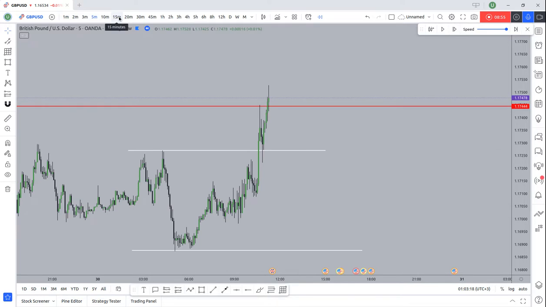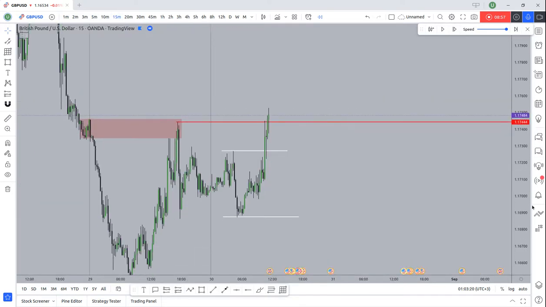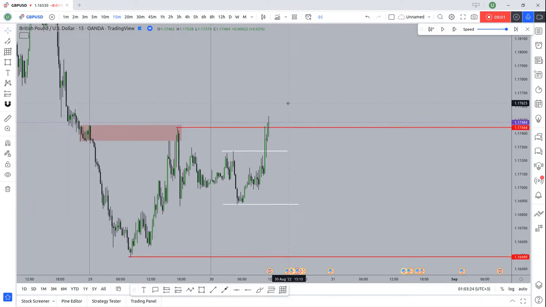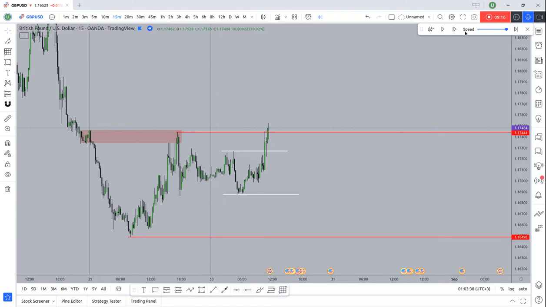Anyways, let me show you how I was able to execute this trade. I'm not going to make a review on EU, because once you see how I was able to execute this trade, it's the same way, because these two move in a similar manner. So I'm still waiting. I don't chase price.